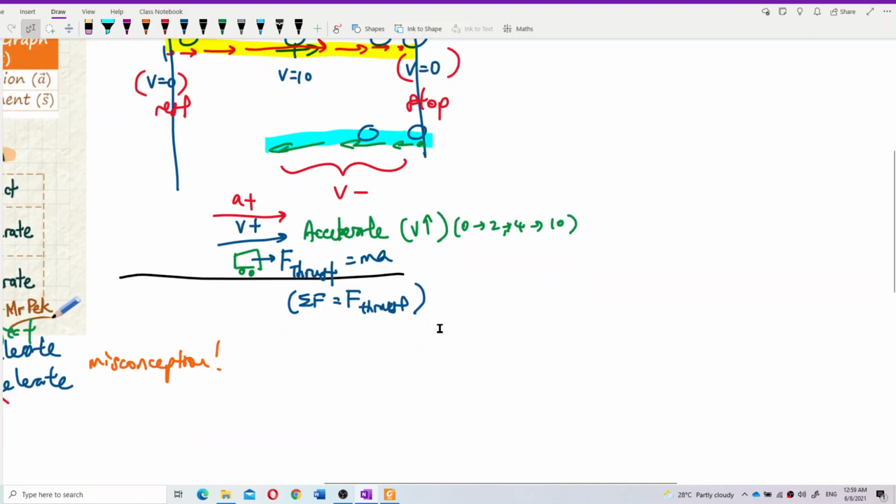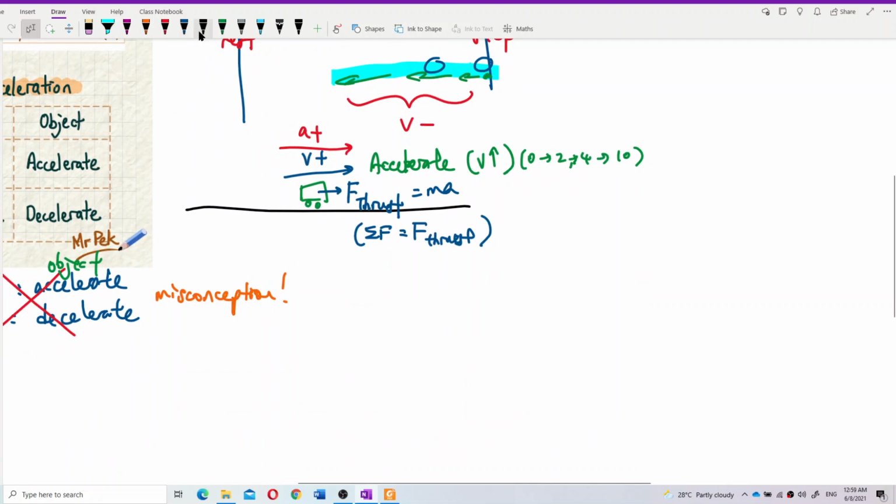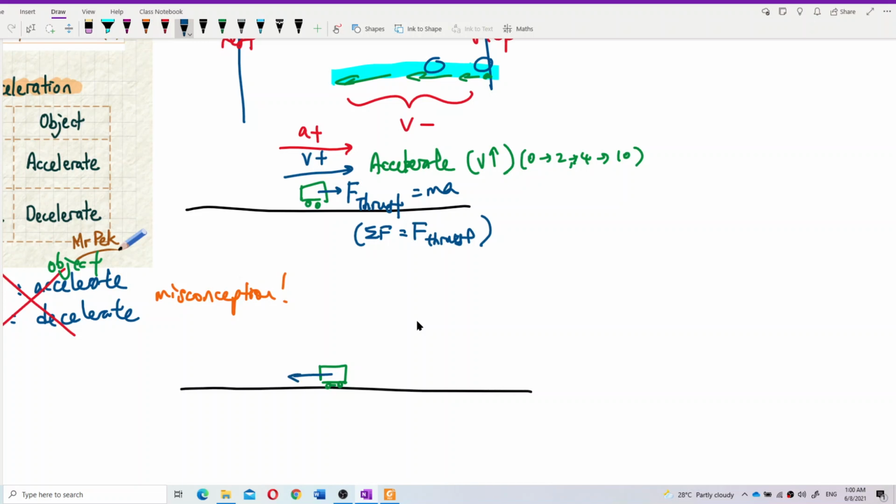Understand or not? Let's say now this car releases the oil, no more pressing the pedal. Maybe he brakes. If he brakes, what happens to the resultant force? Now the force is only the friction.